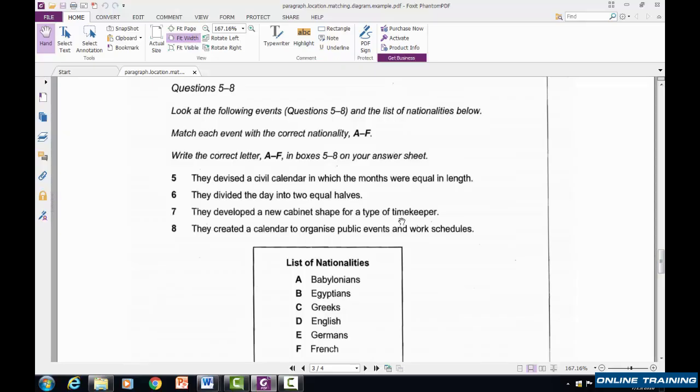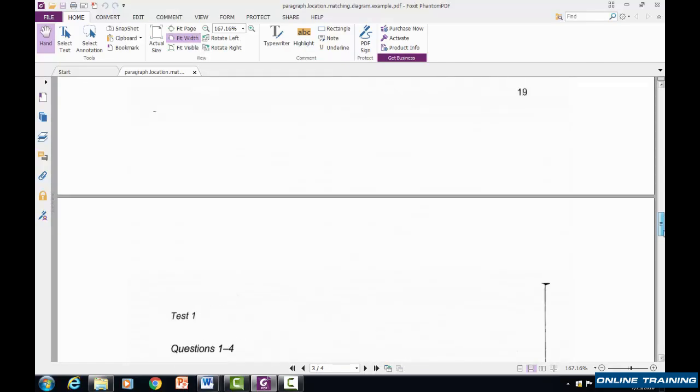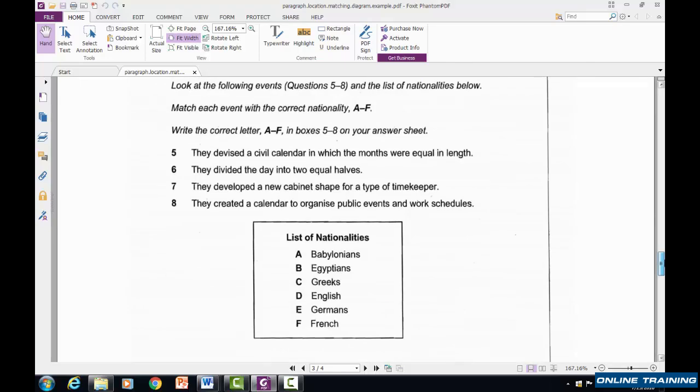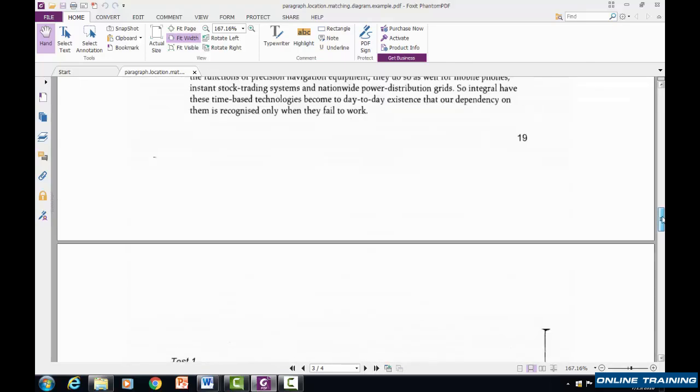So we have our names here: Babylonians, Egyptians. What we have to do is go find Babylonians, read the sentence where we see Babylonians, and then see if the information in that sentence is a match for 5, 6, 7, or 8. And the good thing is these words in the box are going to be easy to find. Proper nouns, easy to find.